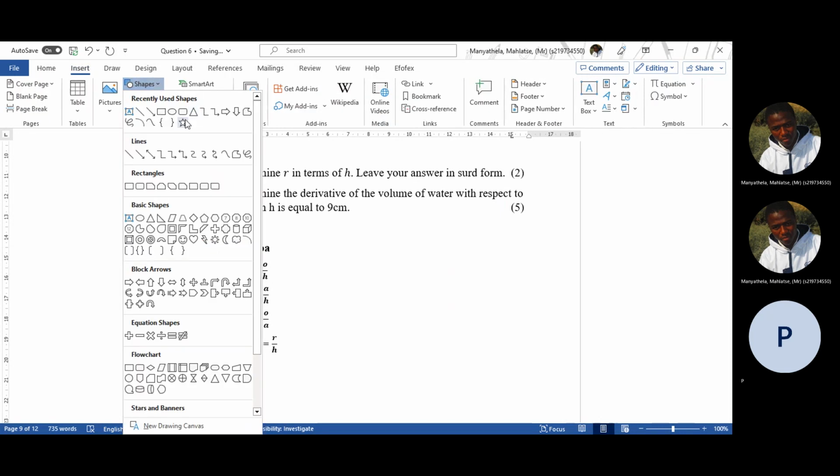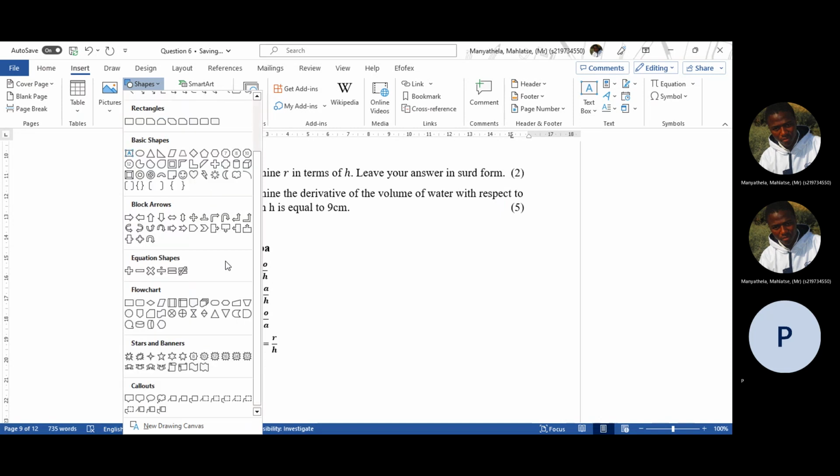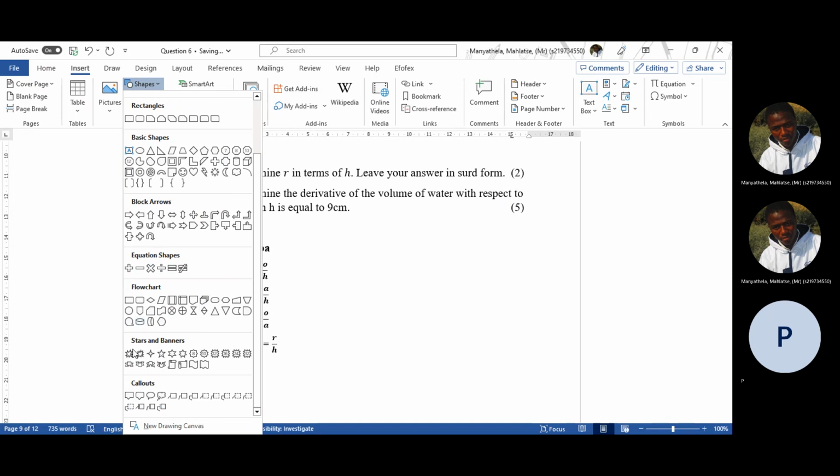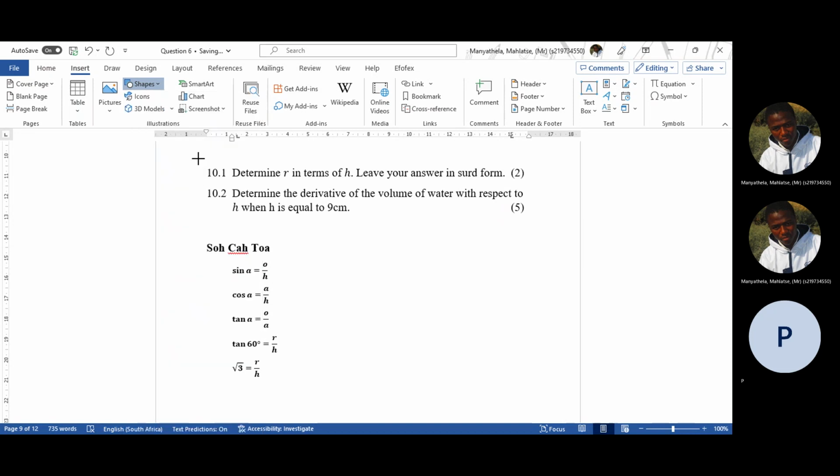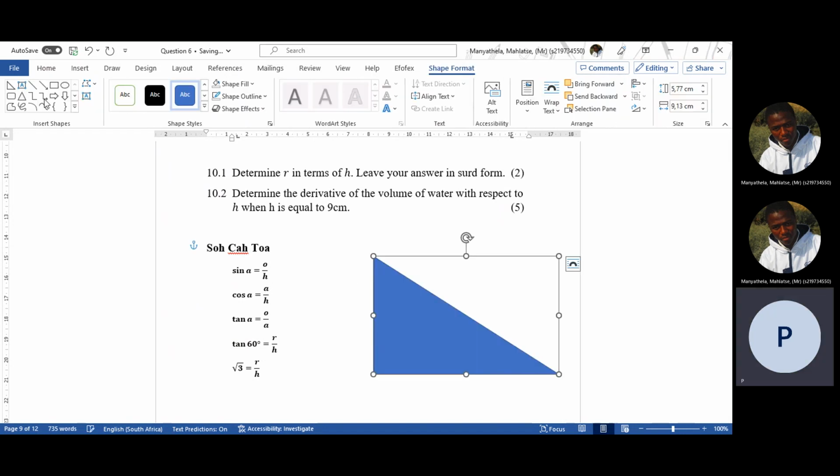Pythagoras triangle or a right angle triangle. Trying to find a way to draw this triangle. Okay, here it is. The triangle is something like this.